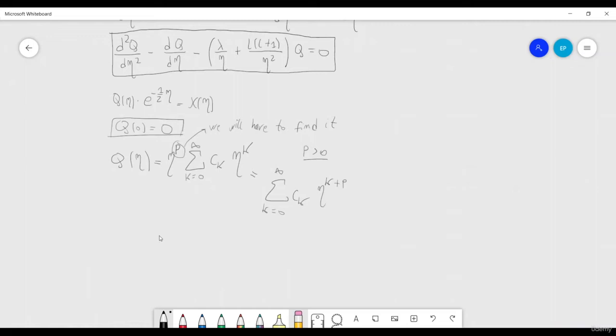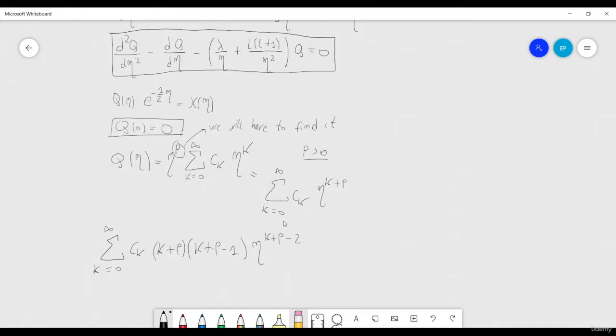So we have to take the derivative of these terms here, and it is pretty straightforward to calculate. So the second derivative will be something like this. We have a sum from 0 to infinity of c sub k, and then I have to take the second derivative of this term. When I take the derivative, I will have a factor of k plus p here, and when I take the second derivative, I will have k plus p minus 1 times eta to the power k plus p minus 2.